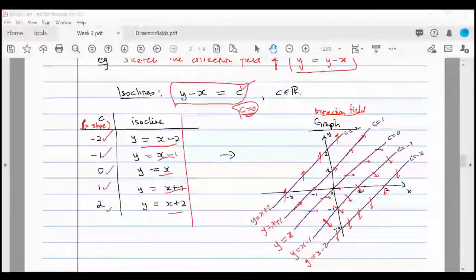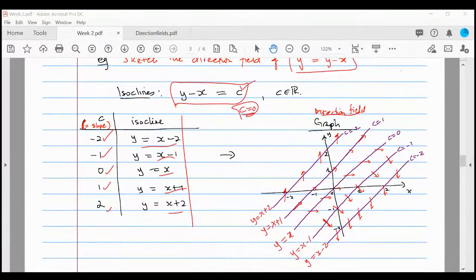What do we do? There's a question. No, you are not given this. You are the ones to experiment with it. But make sure that you also include c equal to 0 because it has a special character in terms of the behavior of solutions when the derivative is equal to 0.